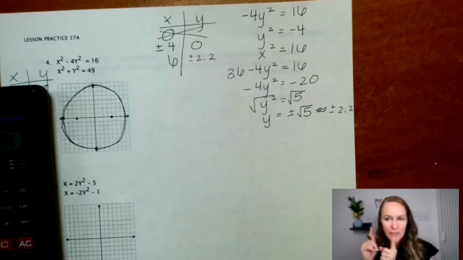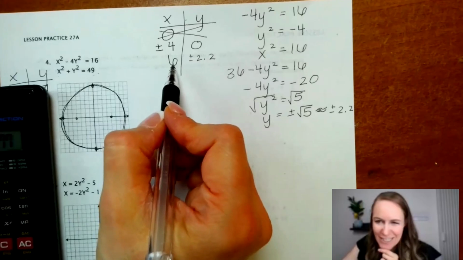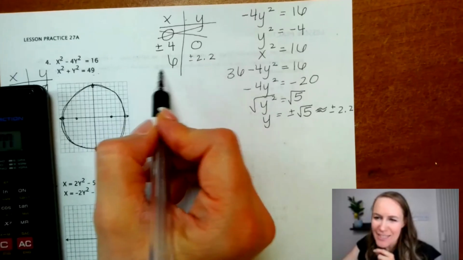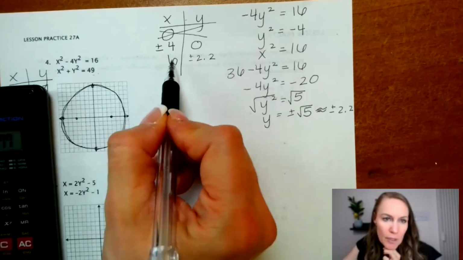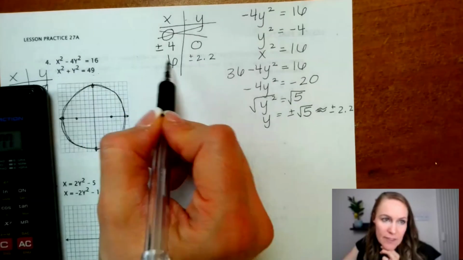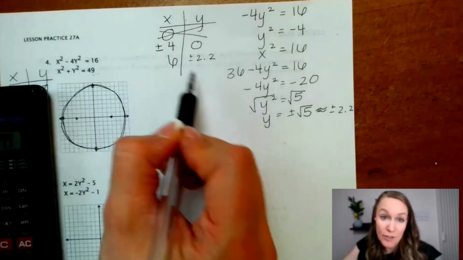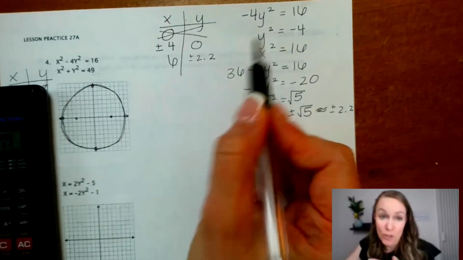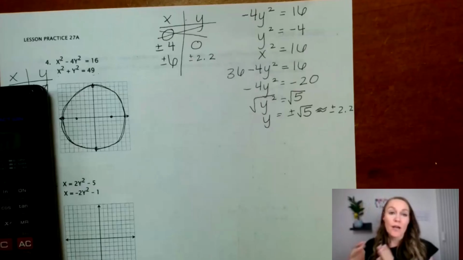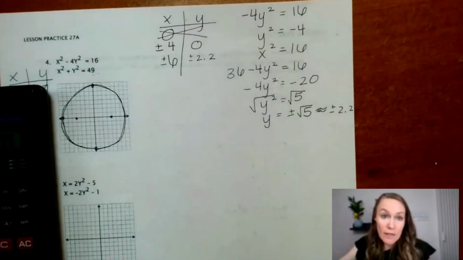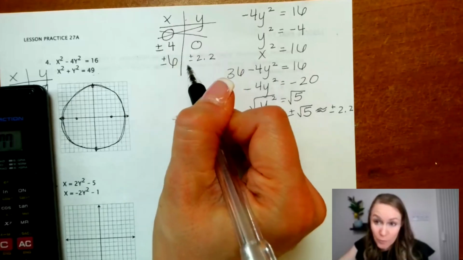Now I have to think, if I plugged in -6, would I get the same thing? Can I get some extra bonus points out of this? So I'm plugging in -6 into my x squared, and hey, look at that. It comes out to positive 36, and I'm in the same situation. So it can be plus minus 6 over there as well. Okay, I've got 4 points. I got an extra 4 points to plot.